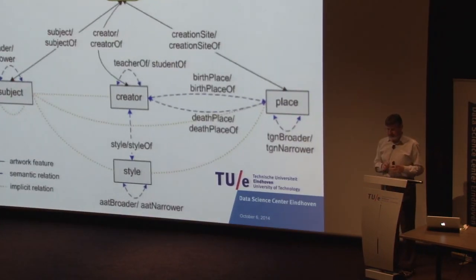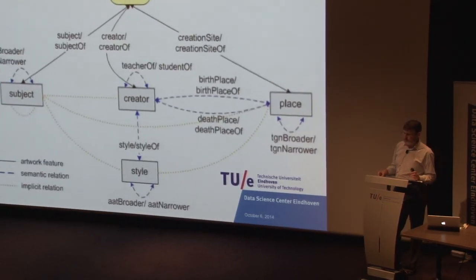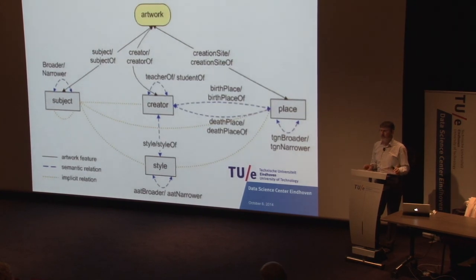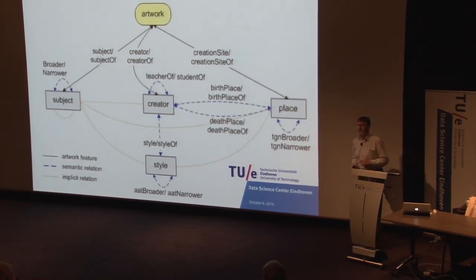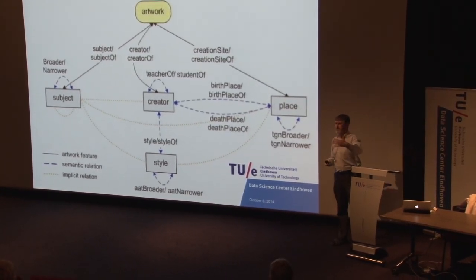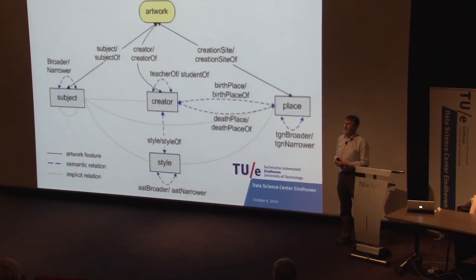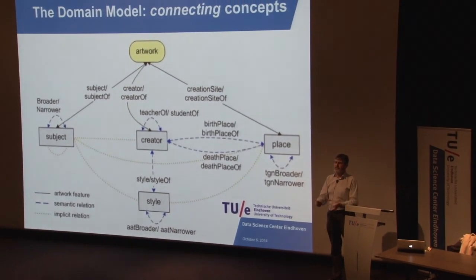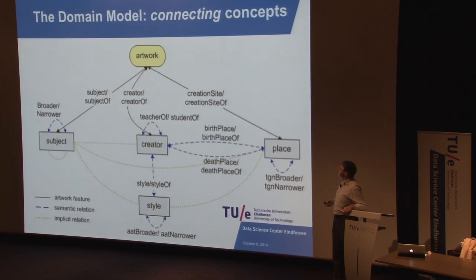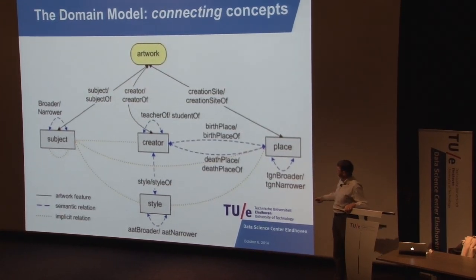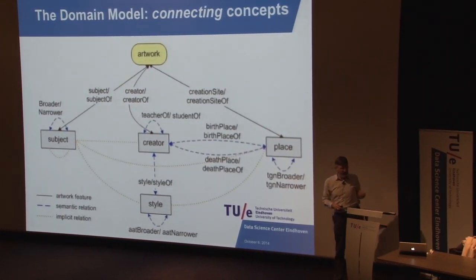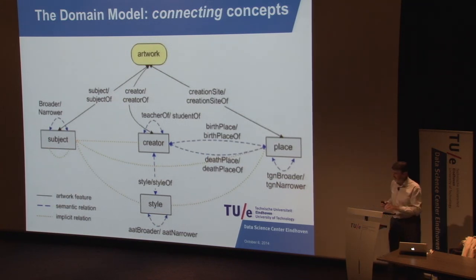Now, what we have done in the CHIP project, for instance, is to enrich the domain model defined by a curator, who says we have these paintings and provides information about them, such as who is the painter, by adding a number of other databases that allow us to reason about these data.